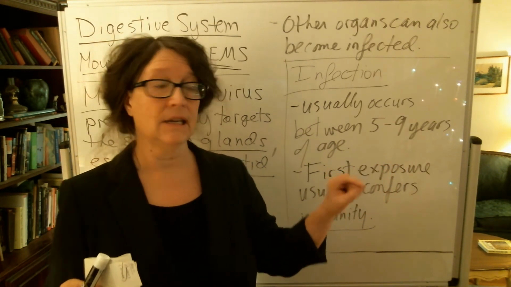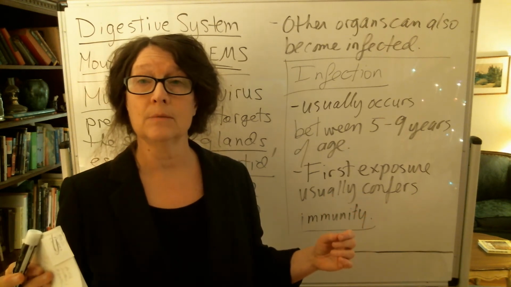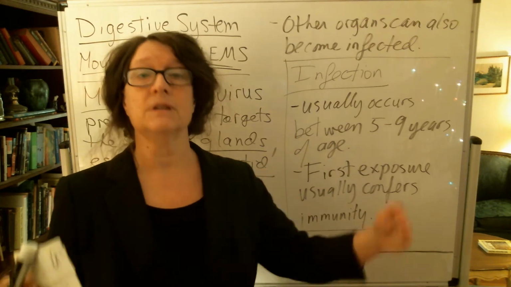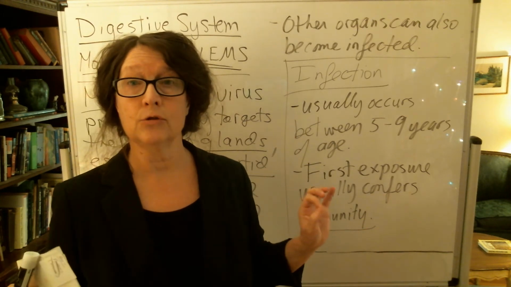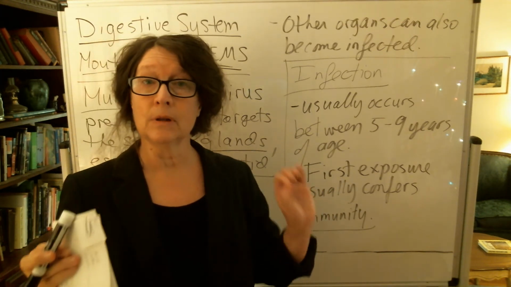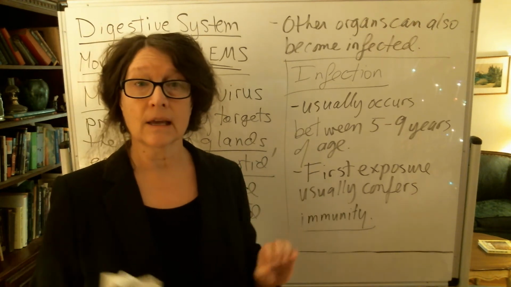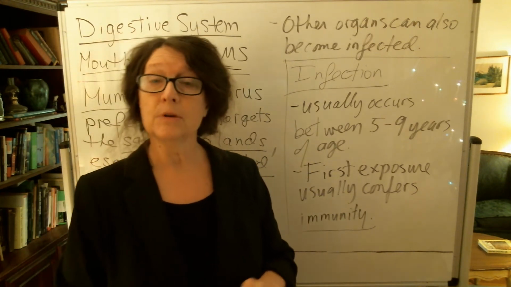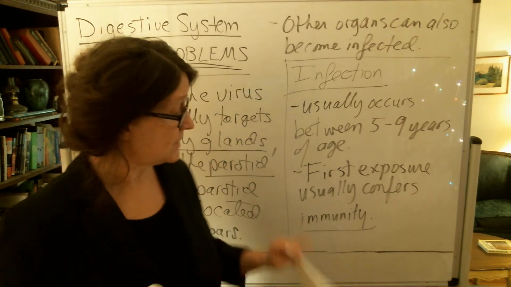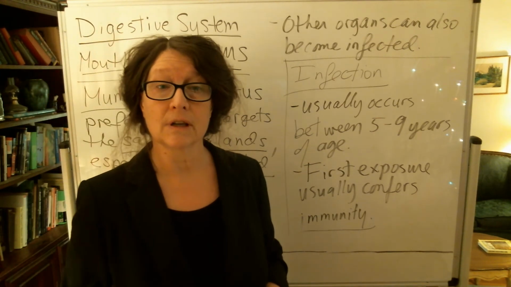And that means that even if the mumps virus is still in the air around you at other times in your life, it may get into your system, but your immune system immediately takes it out, and so you do not even realize you were sick. So in principle, somebody who had the mumps many years ago can still be immune. Sometimes immunity wanes as we age, but as I said, in principle, first exposure to the mumps usually confers immunity.